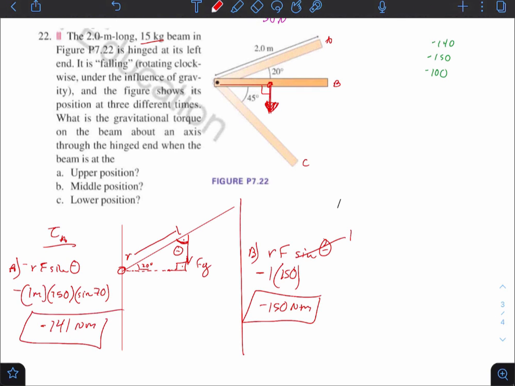And for C, again, I don't want to make a mistake, so I'm going to draw it cautiously. It's at the 45-degree angle. So this is 45 degrees, and I guess this would also be 45 degrees. And this is our force.